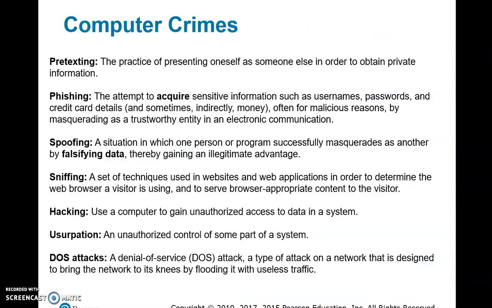Let's talk about some computer crimes. Of the computer crimes, one is called pretexting. Pretexting is the practice of presenting oneself as someone else so that you can get private information. Phishing is to acquire sensitive information, such as usernames and passwords.